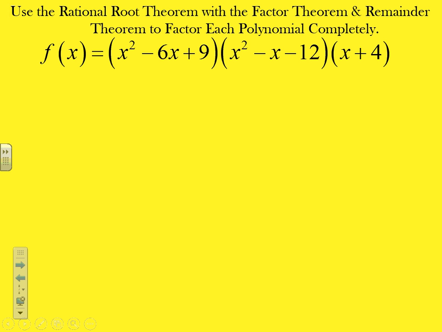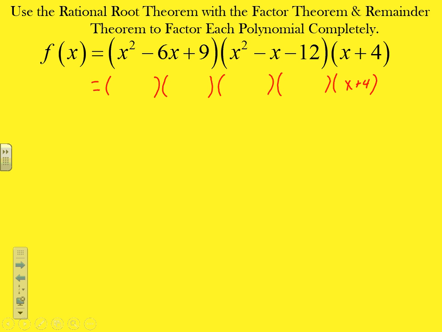Here it's simply saying, can you write this polynomial in factored form? Now they've already taken some of the work out for you here. You have 2 expressions that are quadratic and 1 expression that is linear. Each of the quadratic expressions can be factored into 2 independent factors, and then we have the x plus 4.